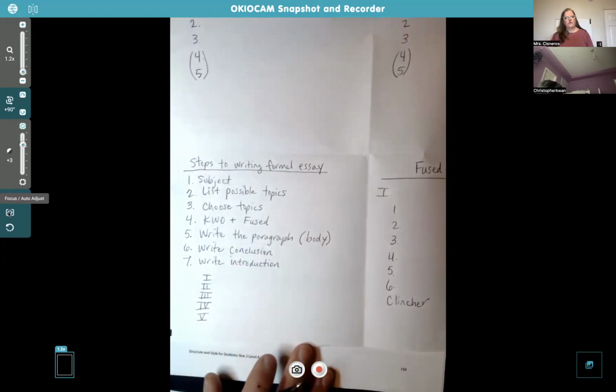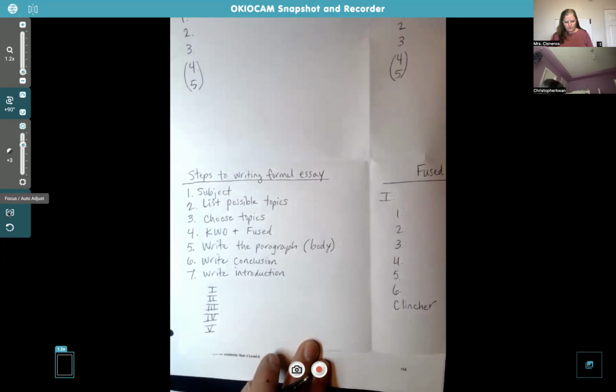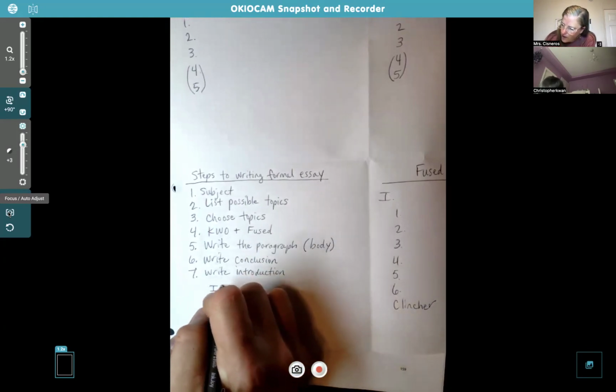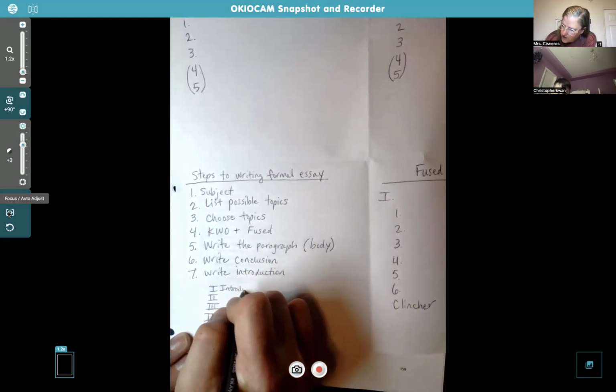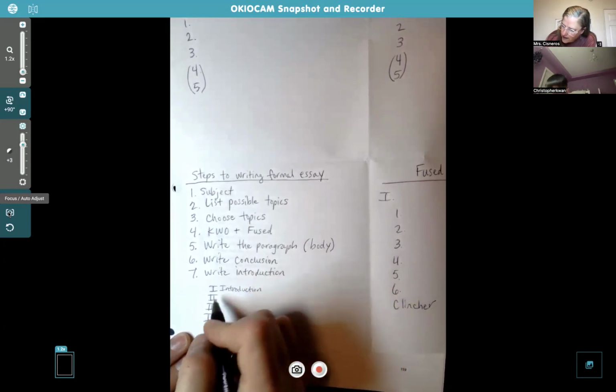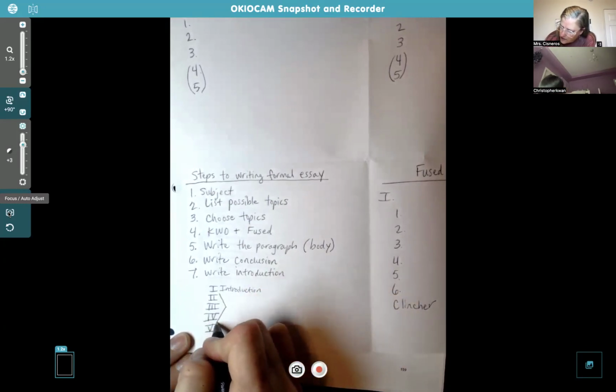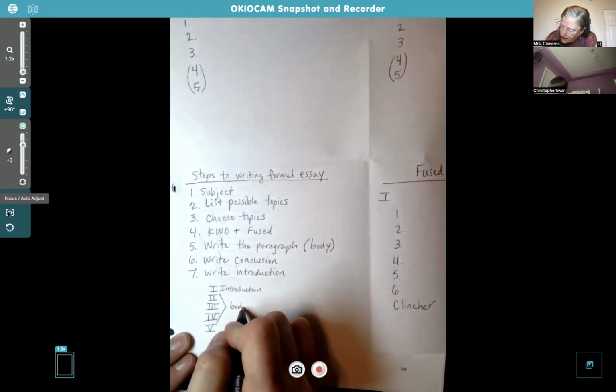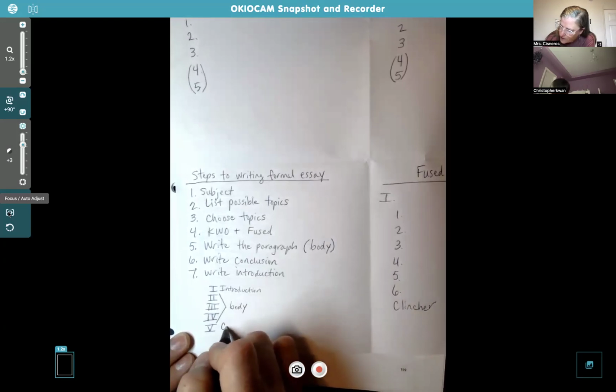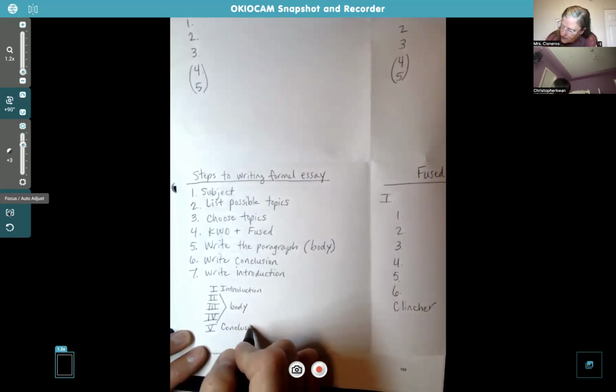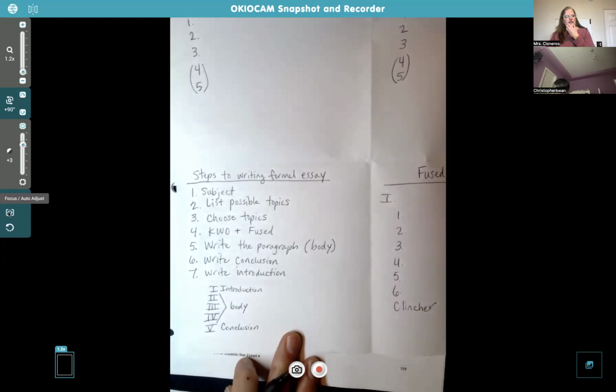So if you list all those Roman numerals right there, and then next to Roman numeral 1, I want you to put introduction. And then do a little bracket like this for the middle. Those are your body. And then you're going to put conclusion. That's how it's laid out as far as outlines go.